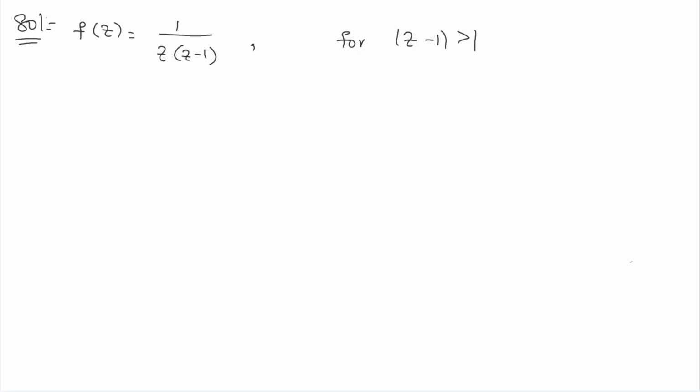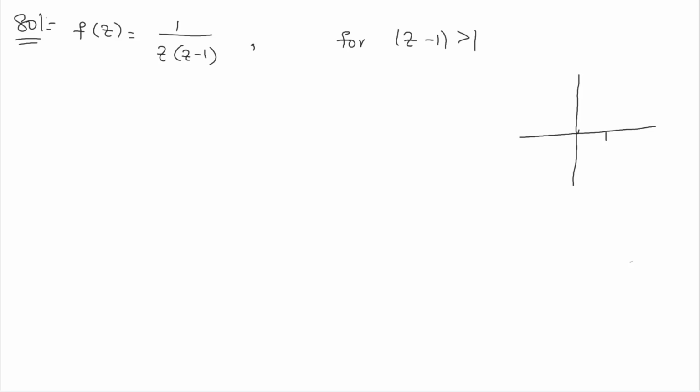So we can observe the region given, modulus of z minus 1 greater than 1. When we take this as the complex plane and this point as 1, we have that series in that region, modulus of z minus 1 greater than 1.